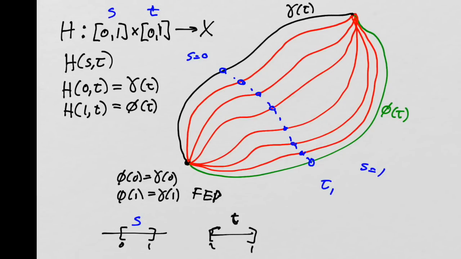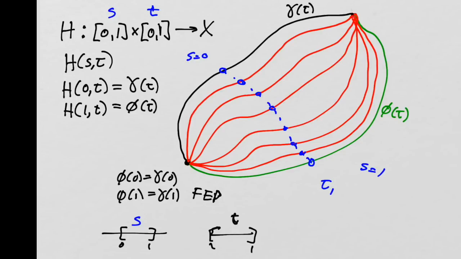So this H really defines an infinity of paths that all go between these two endpoints that morph gamma into phi. So the language that I'm after here is that the curve gamma is homotopic to the curve phi if I can define this function, which, by the way, has to be a continuous function from this Cartesian product space into X, which is going to forbid any breaks in this curve.